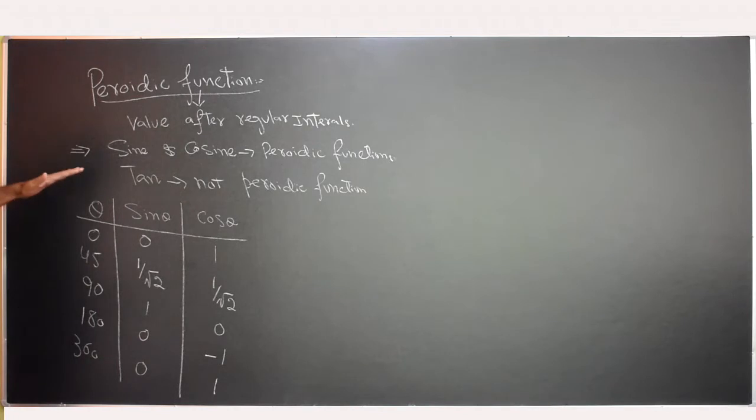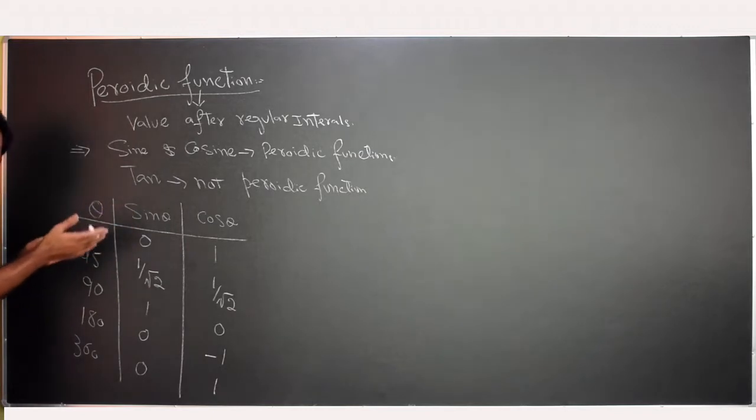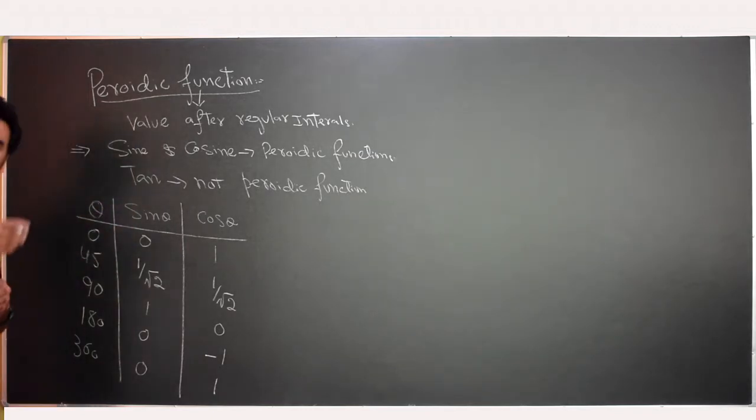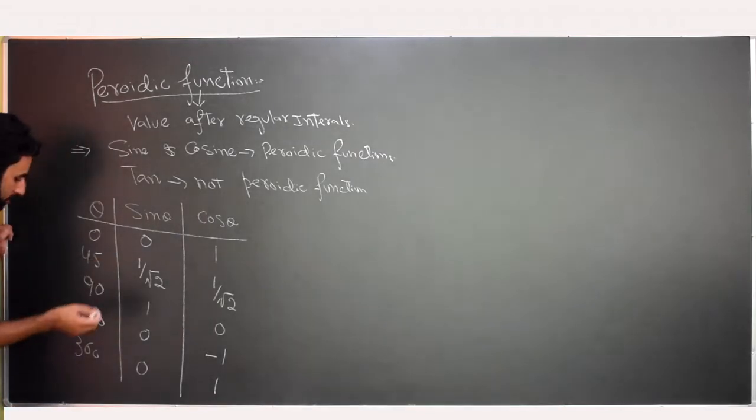Now once we analyze these values of theta and their corresponding values for sine theta and cos theta, what we see is that the values of sine theta and cosine theta repeat after regular intervals.